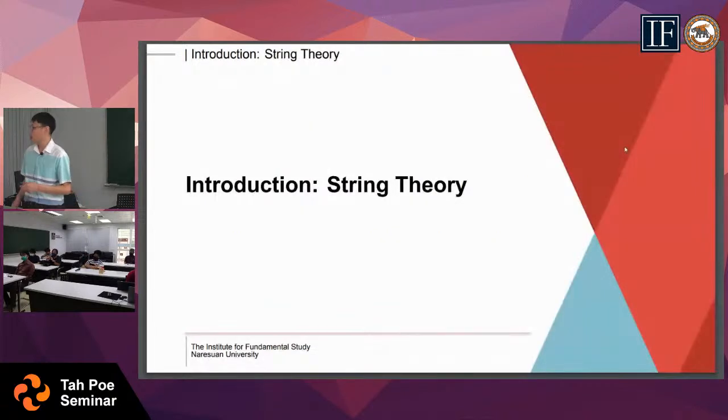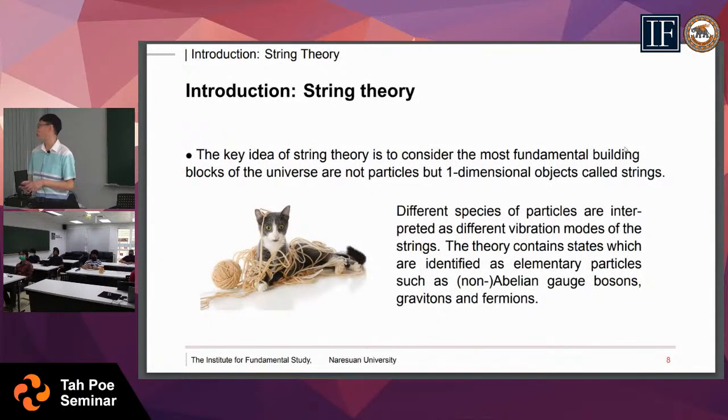Before I go to the content of this talk, let's talk a little bit about string theory. I put the cat here to make it more audience friendly, and you know, even a cat can play with strings. The key idea of string theory is that the most fundamental building block is not the point particle, but instead is represented by the string.